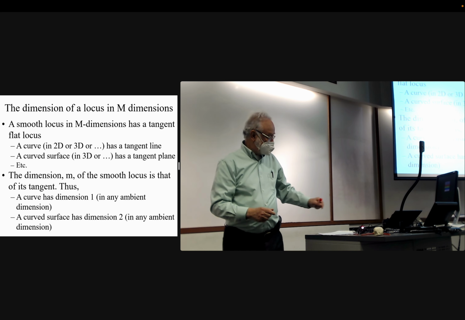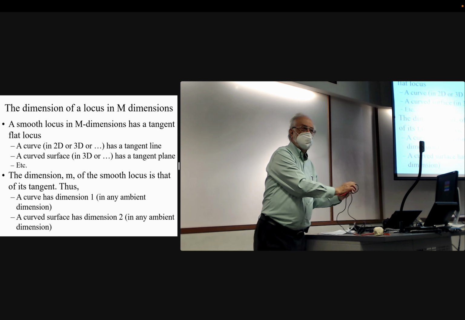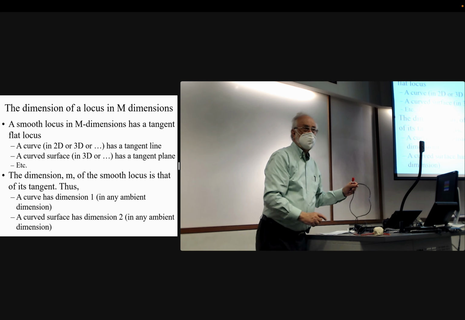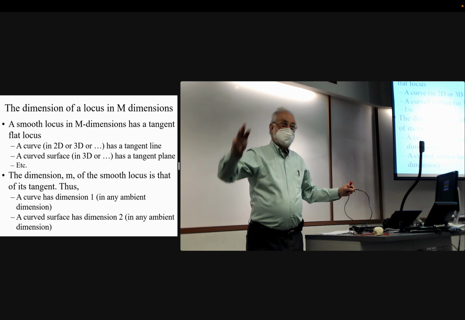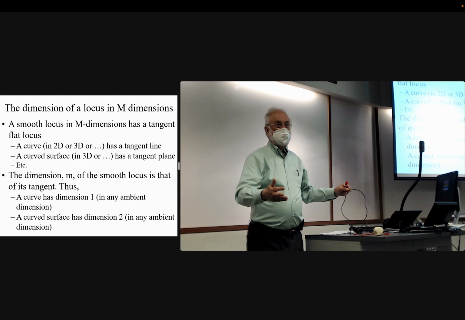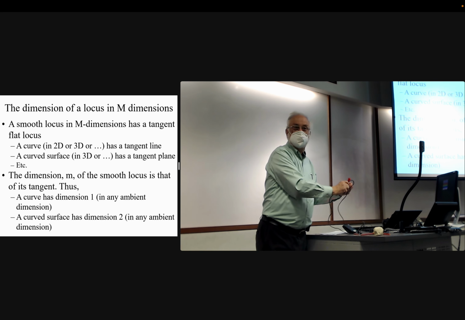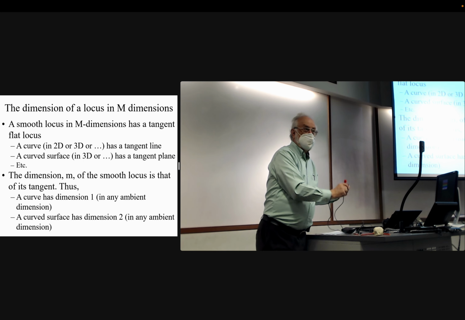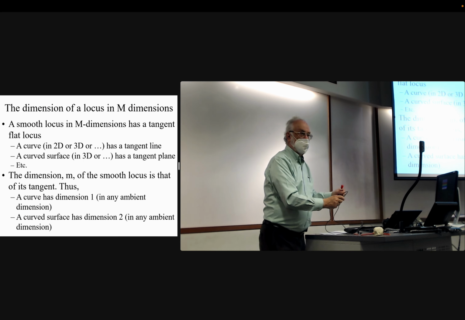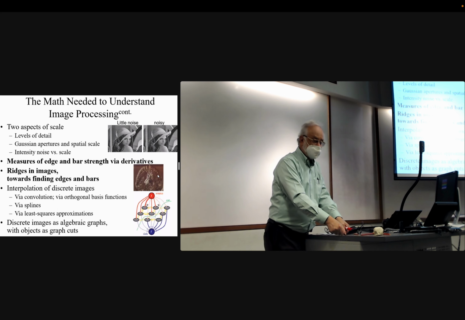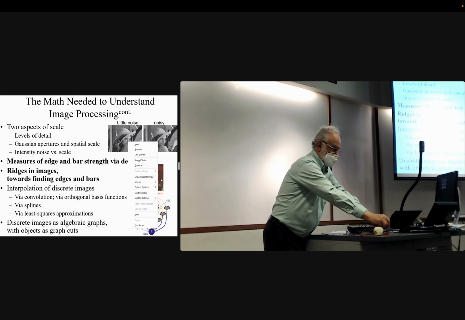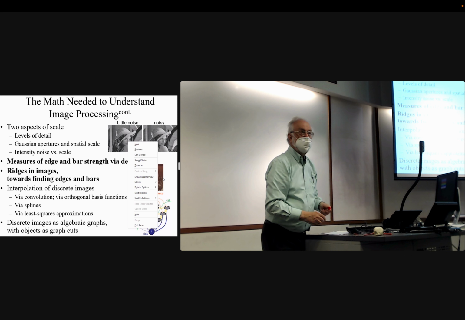That's all you can do to stay on the line. And so a curve in 3D is one-dimensional. The ambient space, the space in which it lives, is three-dimensional, but the curve is one-dimensional. And you have to get that into your head. Likewise, a curve on a surface is still one-dimensional, right?